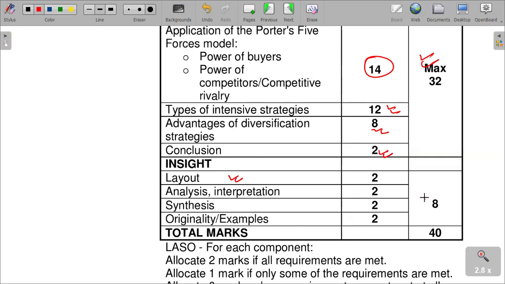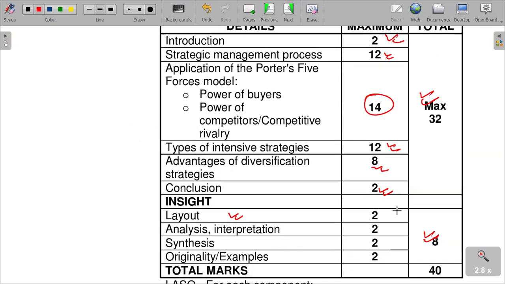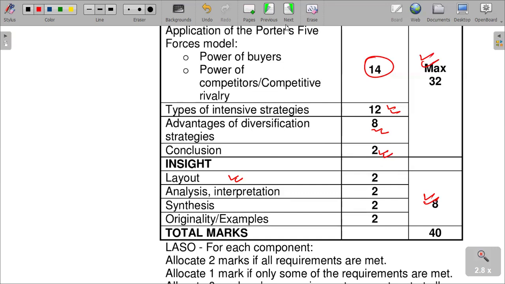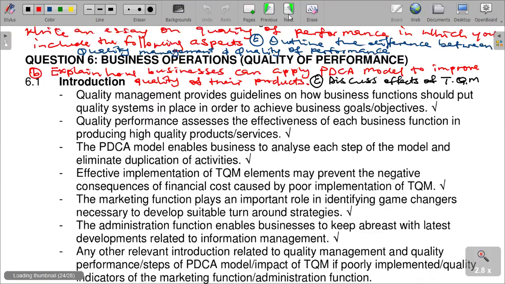Also, they can give you a maximum of 8 marks, and it means that you would be able to pass your essay. You need to get as many points as possible out of 40. Don't get less than 30, or try to go as high as you can in order to ensure that you get good marks in the final.